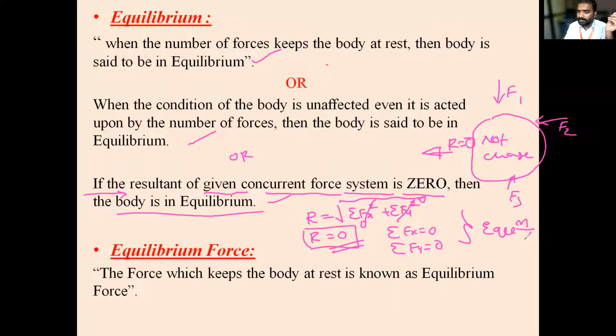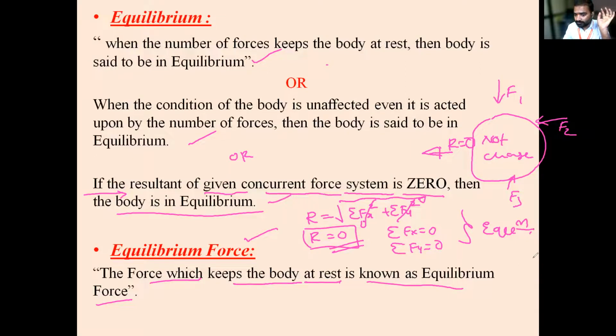Are you getting what equilibrium is? Then, what is equilibrium force? The force which keeps the body at rest is known as equilibrium force. The force which keeps the body in equilibrium is called the equilibrium force.